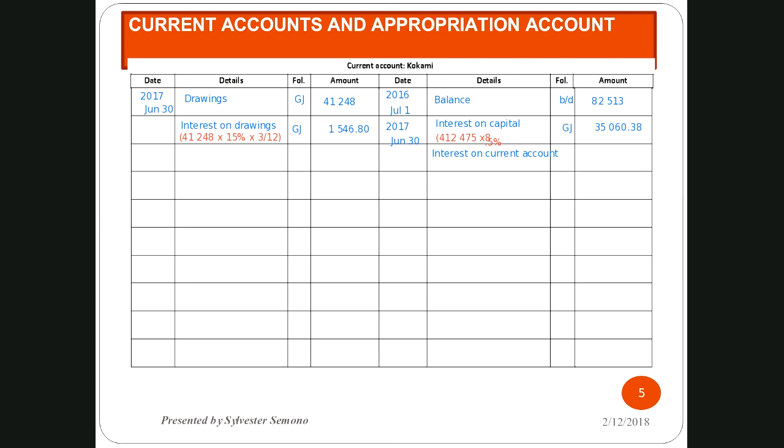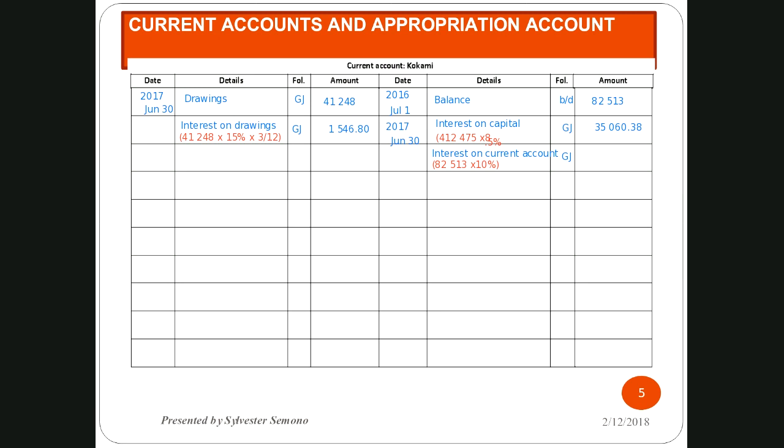We need to multiply this by 10%. Let's show the general journal first. And the 10%, if I'm not mistaken, is going to be 8251.30. Yes, that is the interest on current account.